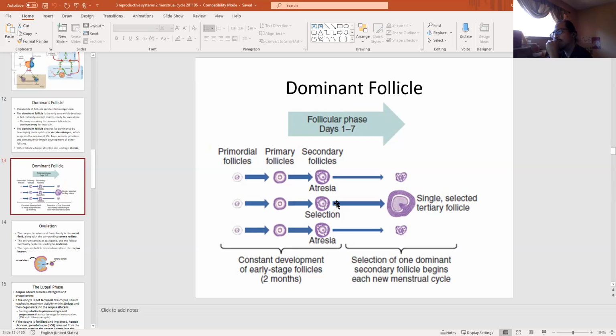It has the capability to acquire all the resources. So only the biggest one will continue growing, and because it keeps growing even bigger, it affects the others, and so the others cannot continue growing.